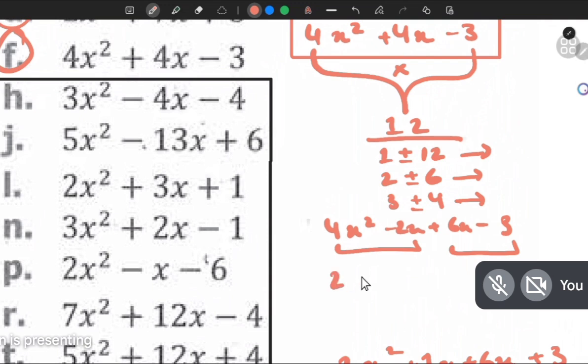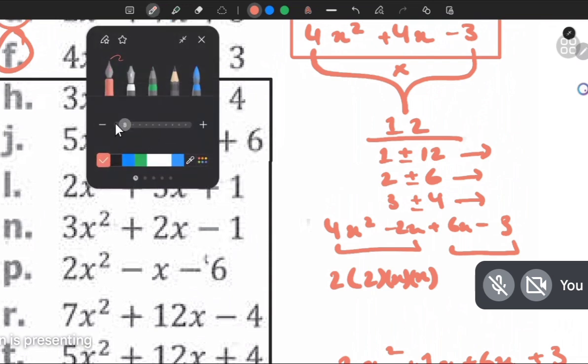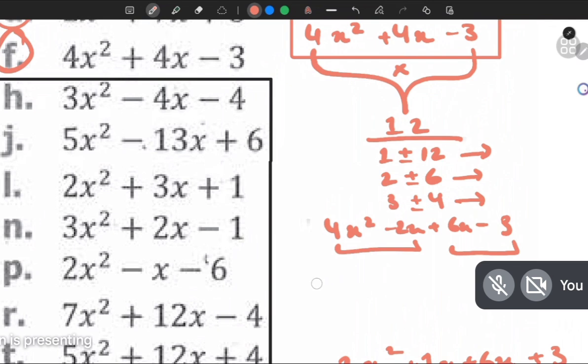Okay, I'll break it down. You've got 2 multiplied by 2 multiplied by x multiplied by x, minus 2 multiplied by x, and so on.